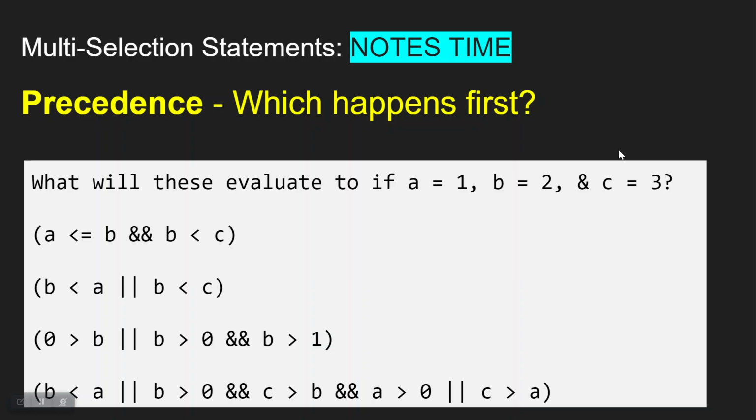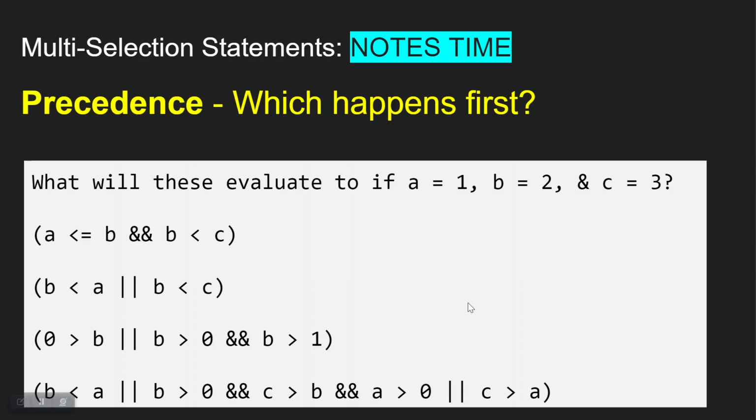What we need to do is talk about precedence. Let's say we had A is equal to 1, B is equal to 2, and C is equal to 3. Go ahead and pause the video and work your way through these Boolean statements that you see down here. These are compound Boolean statements.